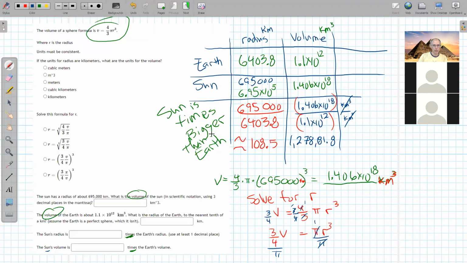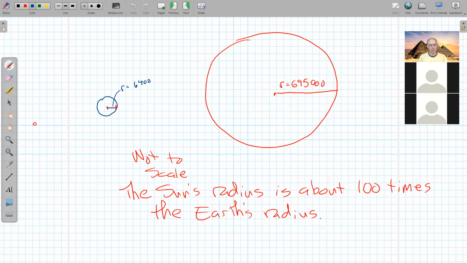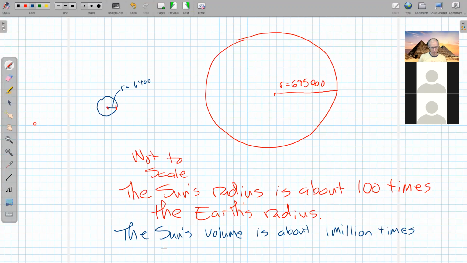So in my sentence to my mom or the media, in the next page I should be able to fit this: the sun's volume is about 1 million times the volume of the Earth.